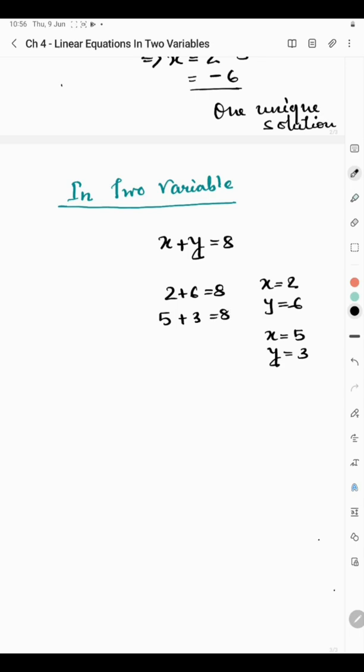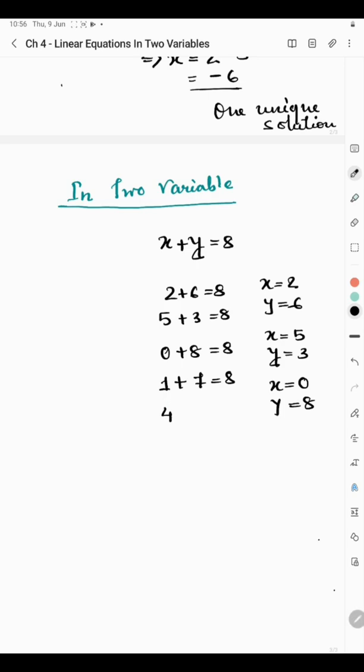If I consider the value of x is 0 and y is 8, then 0 plus 8 is 8. Similarly, if I consider the value of x is 1 and the value of y is 7, then we will be having 8.